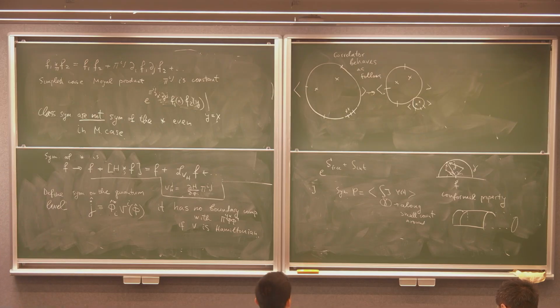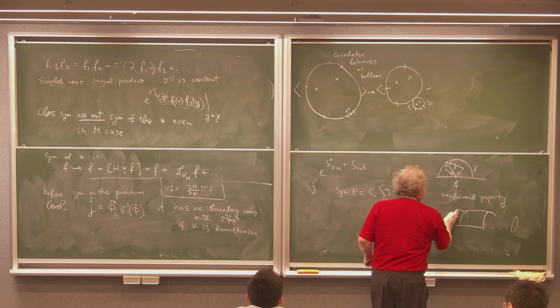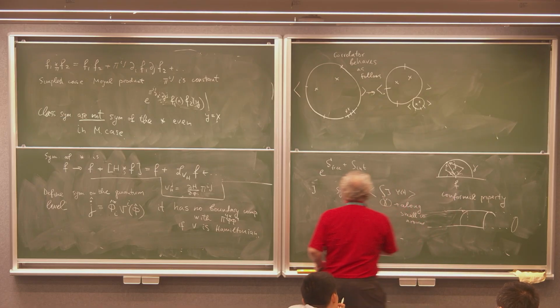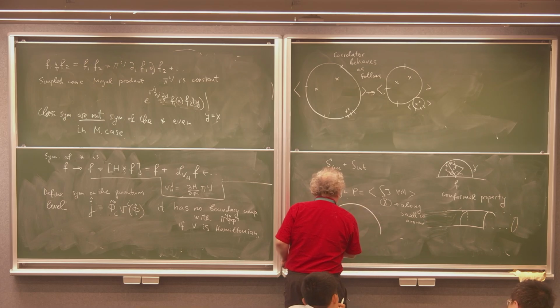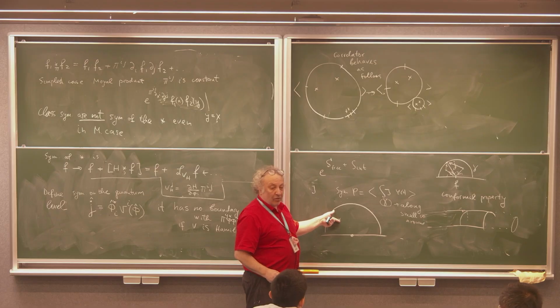So you mean these bulk insertions will not disappear when you shift? When I shift the contour, one bulk insertion would not give a contribution, but another would. Only bulk insertions at a scale similar to the scale of the arc contribute.